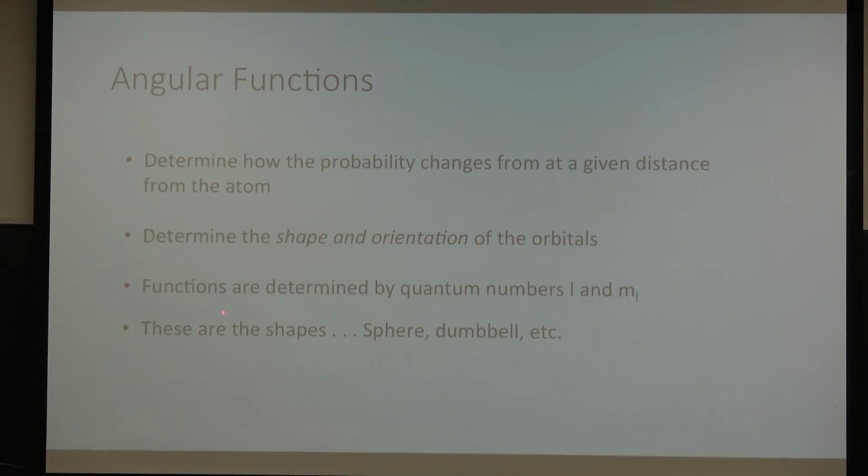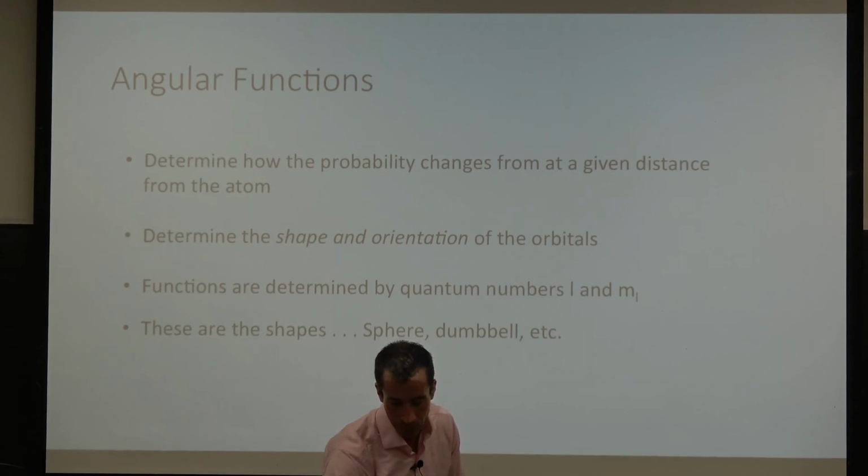Here the function of the shape is determined by the quantum numbers l and m sub l. That makes sense because we said l is spherical versus dumbbell versus donut, if you want to call it that. And then m sub l, for a p orbital, can be -1, 0, or 1, but what does that really mean? Think in a Cartesian system: -1, 0, and 1 is your x, y, and z. That's why you have these orientations in 3 different directions.